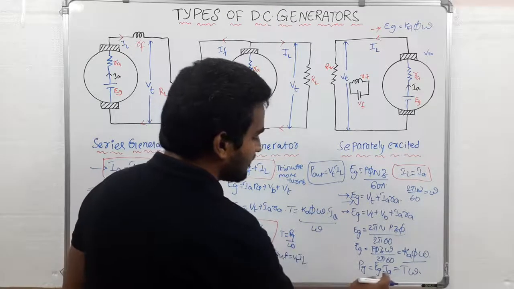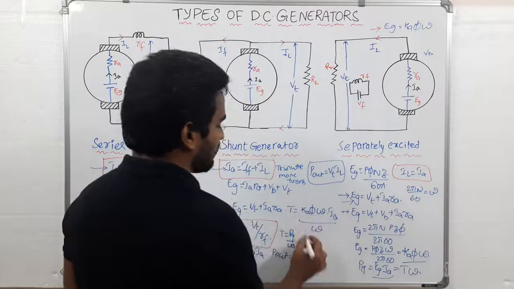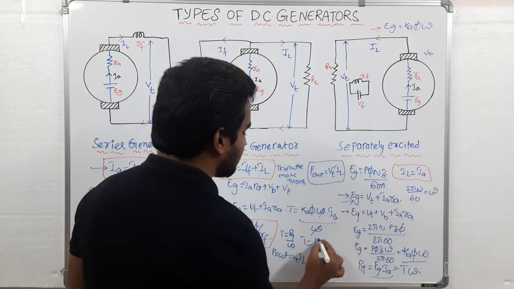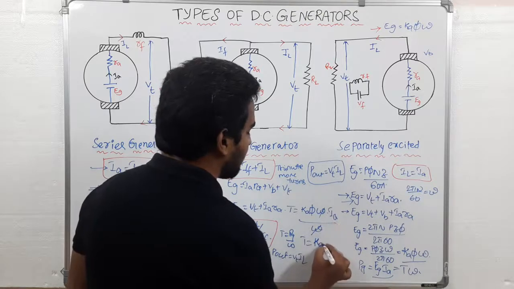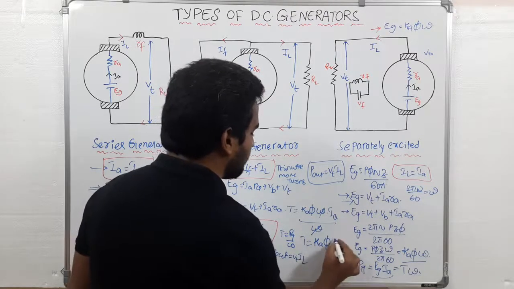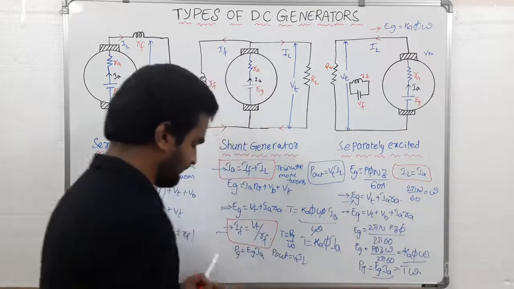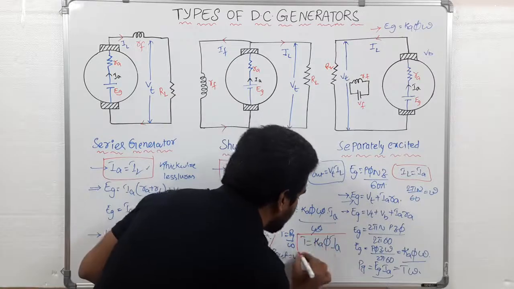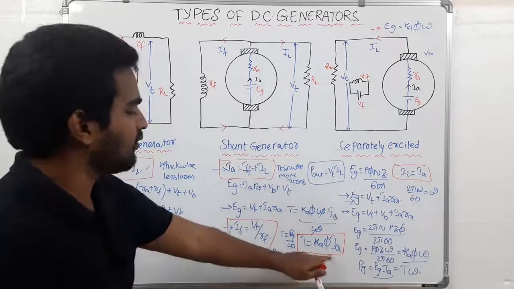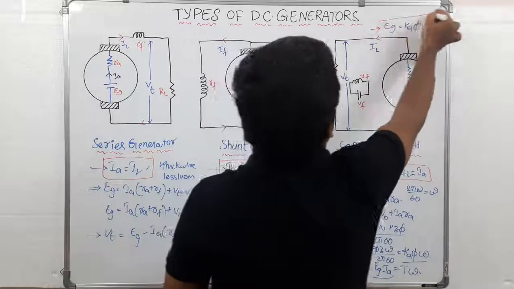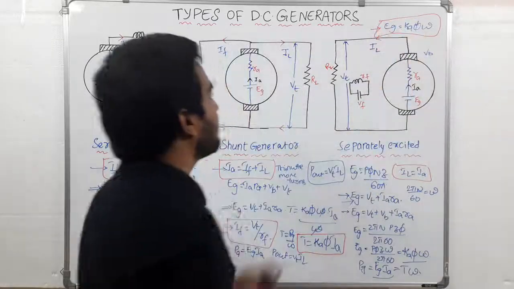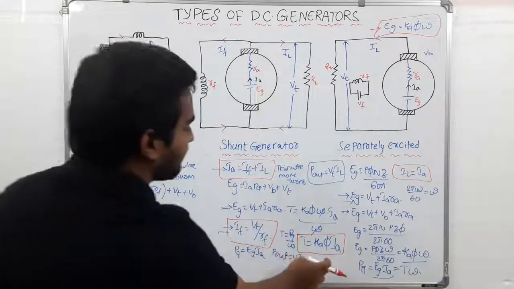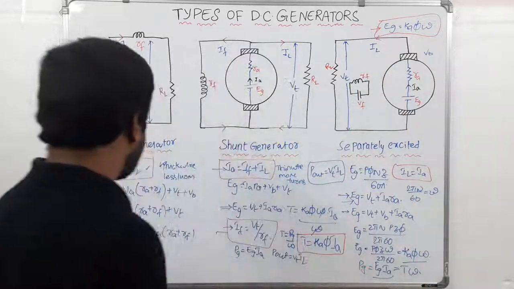We replace this Pg value with this one, so phi and omega are not cancelled out but omega gets cancelled, and T equals Ka into phi into Ia. These two are also very important equations. Torque T is Ka into phi into Ia, and generated EMF Eg equals Ka into phi into omega. These two are the performance equations of generators.